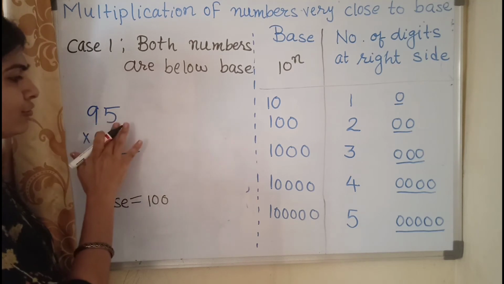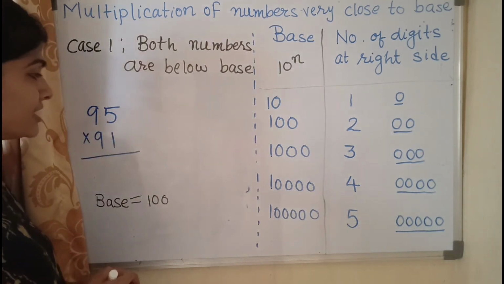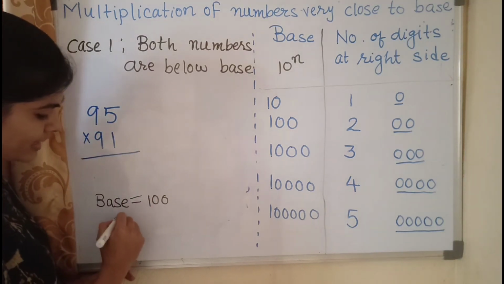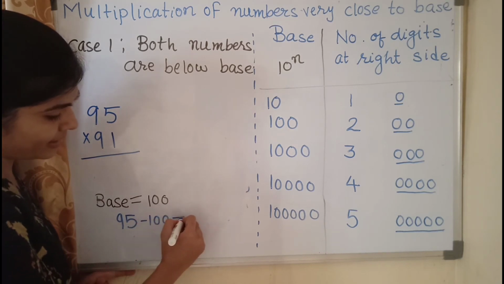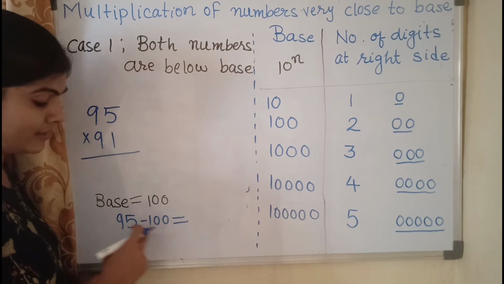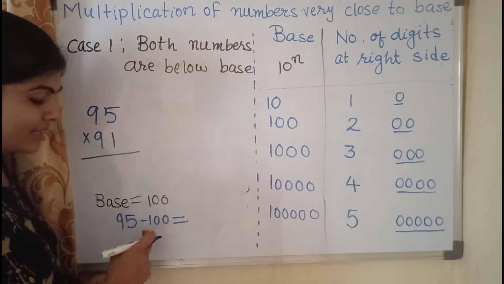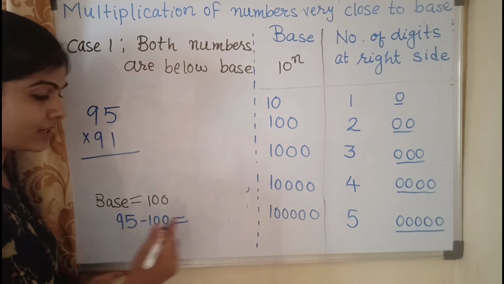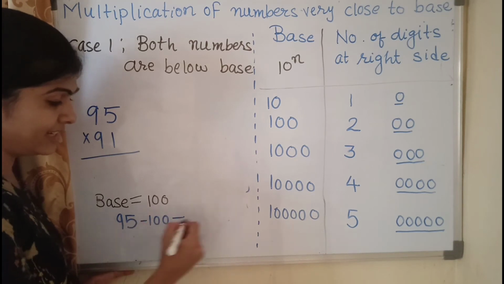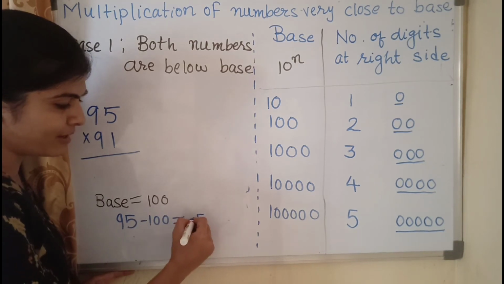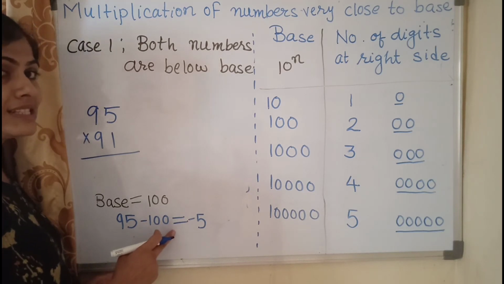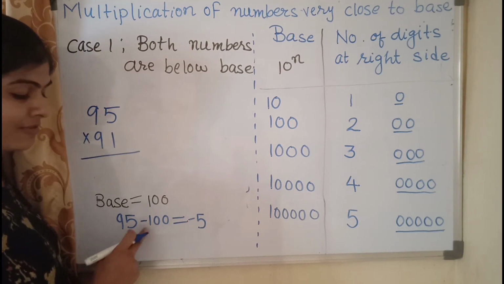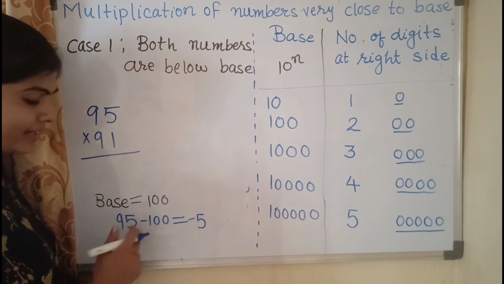The next step is to find out the deviation of these numbers from the base 100. So I need to do 95 minus 100. One is positive, the other is negative, so I need to do subtraction. 100 minus 95 is 5, but the answer is minus 5. Why minus 5? Because 100 is greater than 95 and its sign is negative, right?